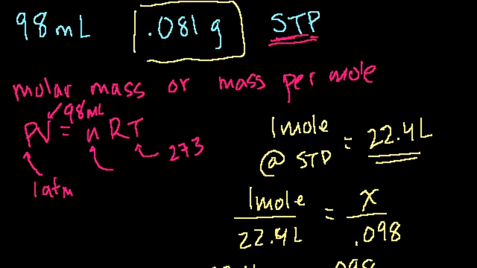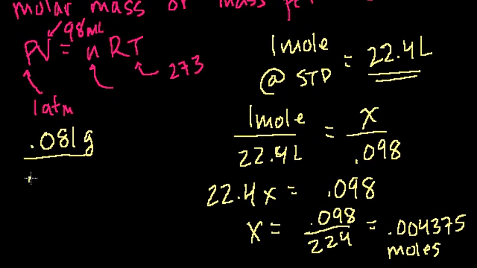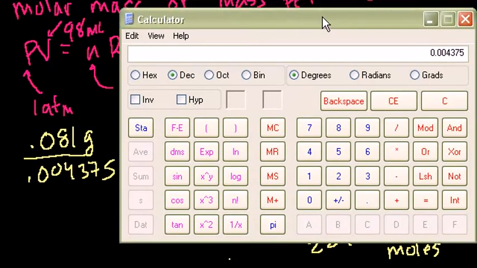So how many grams are there per mole? So we take 0.081 grams, and we just did the math to figure out that we're dealing with 0.004375 moles. So how many grams do we have per mole? Well, let's take the calculator out.